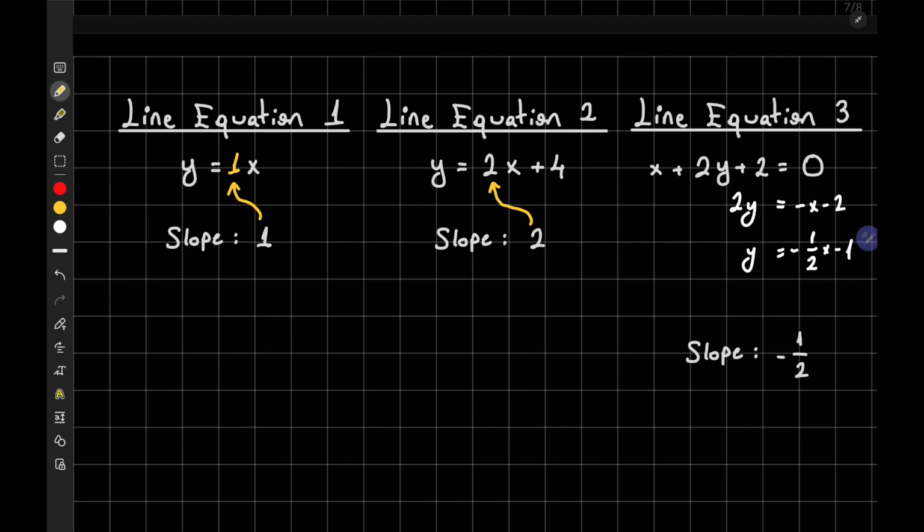As you can see, the slope of this line was minus 1 over 2, and the coefficient of the x variable in our line is also minus 1 over 2. So we can say that when the y variable is alone on one side of the equation, the coefficient of the x variable gives us the slope.